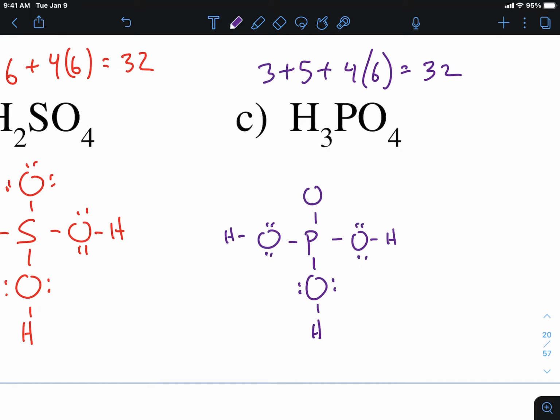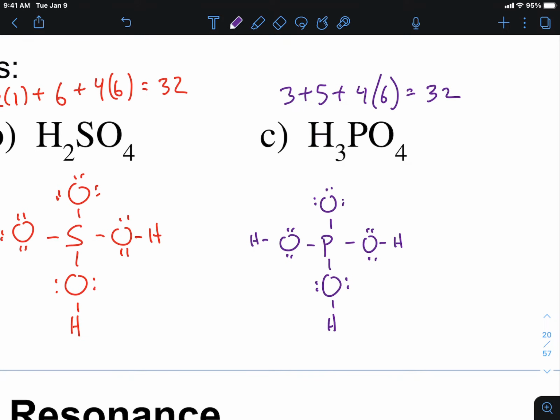Okay, so hopefully you have something similar to mine. It doesn't matter if you picked the same placement of hydrogens as long as they're only attached to O's. Okay, so you guys okay with oxoacids? You know how to recognize one if you see one. Okay, it has to be more oxygens than hydrogens. Okay, all right.